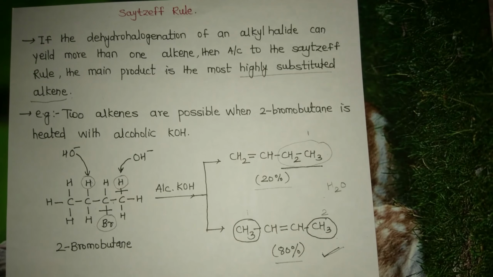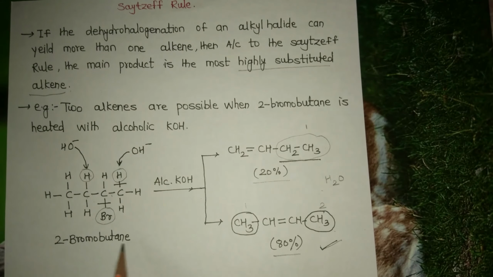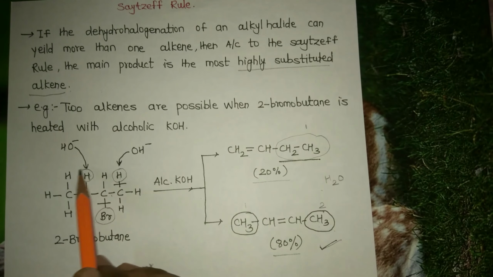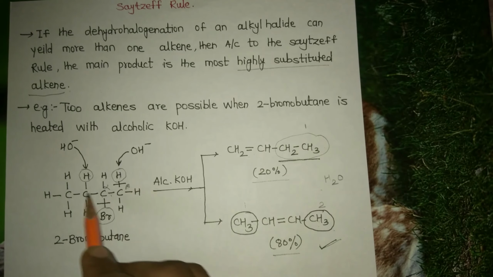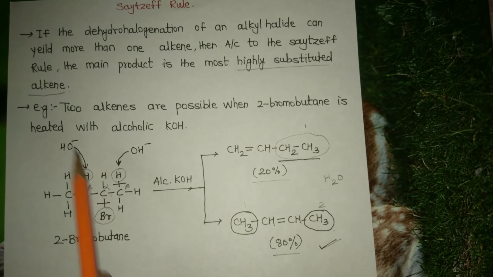Okay, 2-bromobutane. This is the bromine group, this is a proton, and this is a proton on the beta carbons. This is the alpha carbon and this is a beta carbon and this is also a beta carbon. So HBr will be removed.